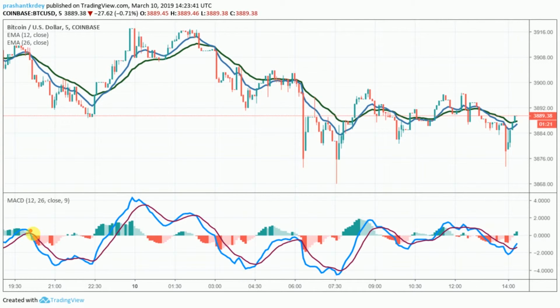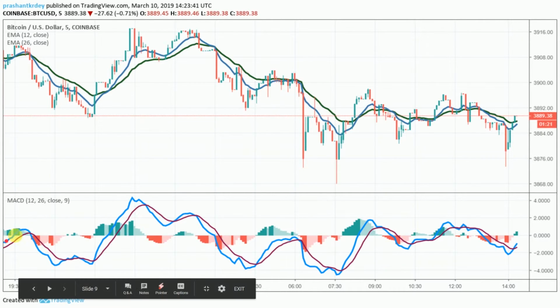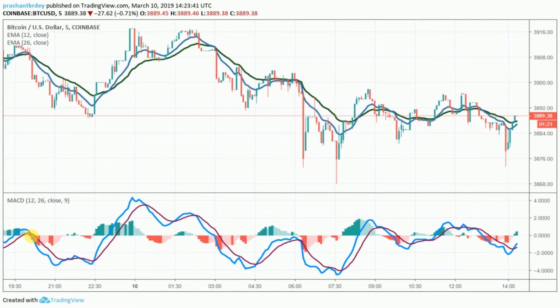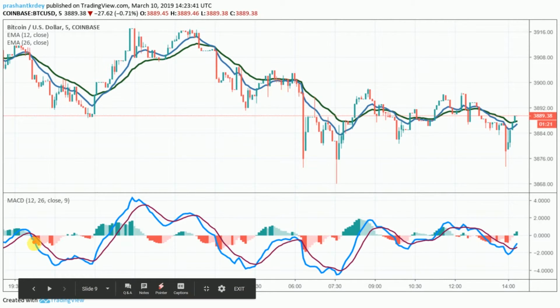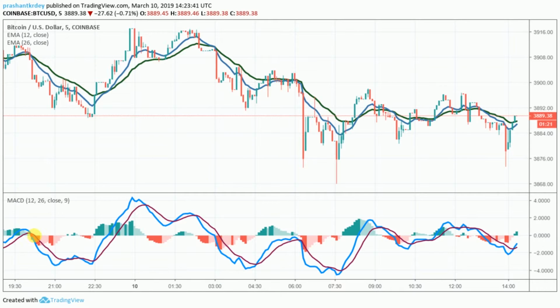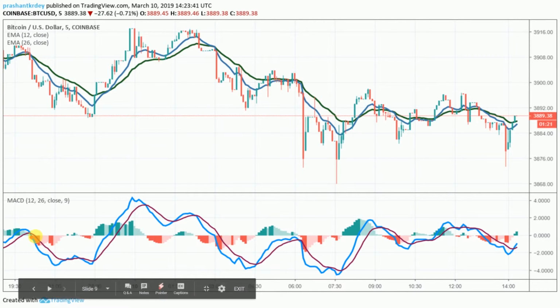The MACD line was above the signal line, and now it has a crossover here, and that's why you see a downfall in the price. That means it was a possible sell signal over here, and most of the people will start selling at this particular point.